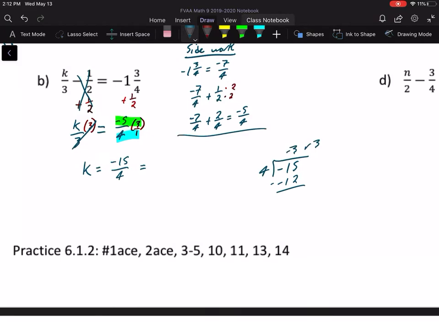So this gives you negative 3 and 3 over 4. So that's the improper fraction answer and the mixed fraction answer there.